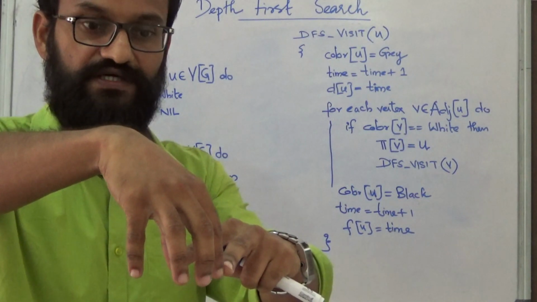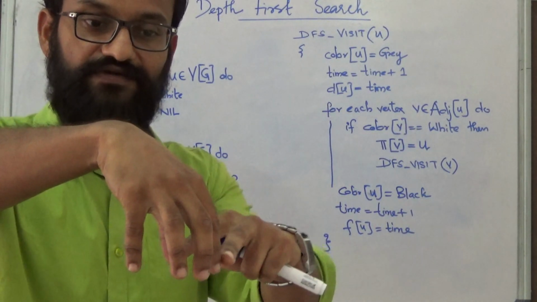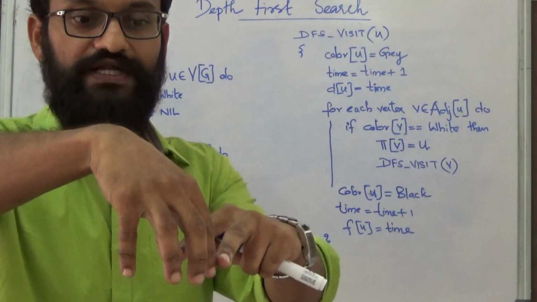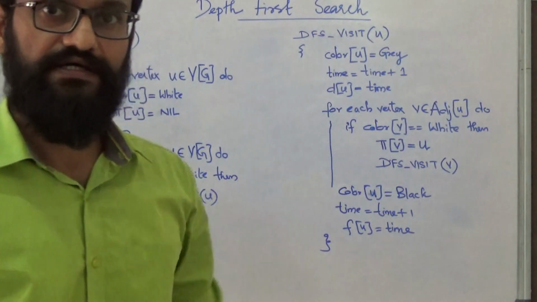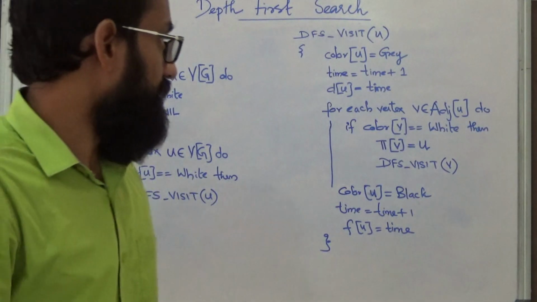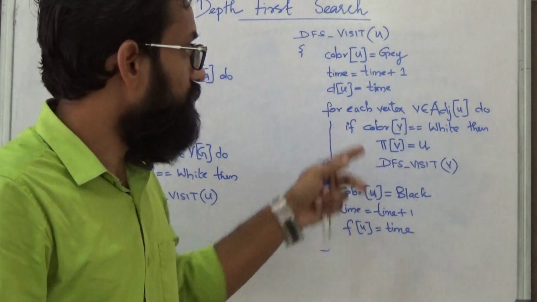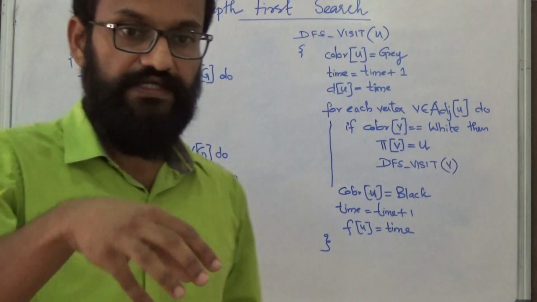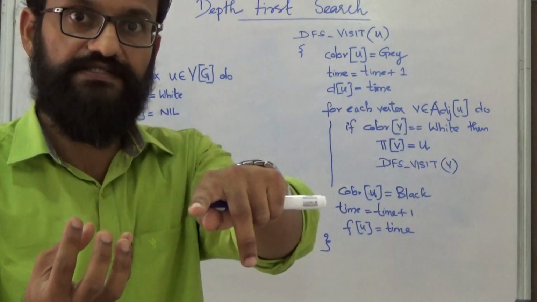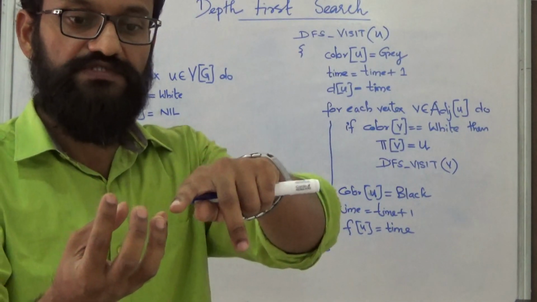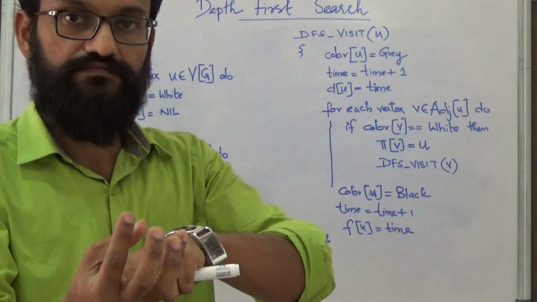You will call DFS visit. You will update color and discovery time of v, and take its adjacent white vertex, and this process will be recursively performed. At some point you will reach a vertex that is not having any adjacent white vertex. So this recursive procedure will return back.